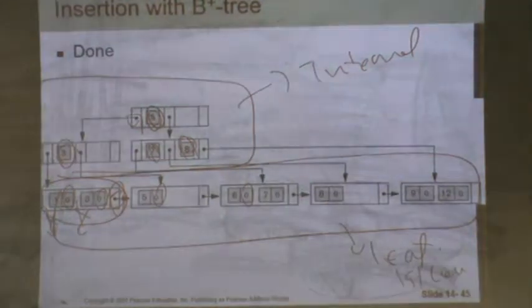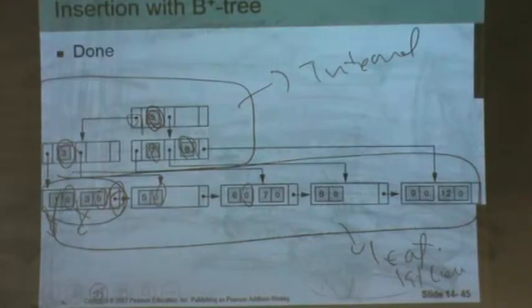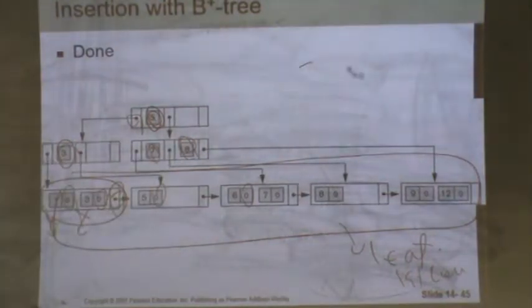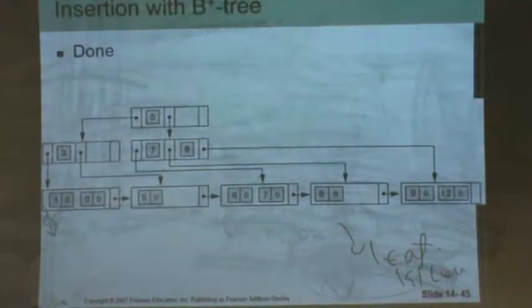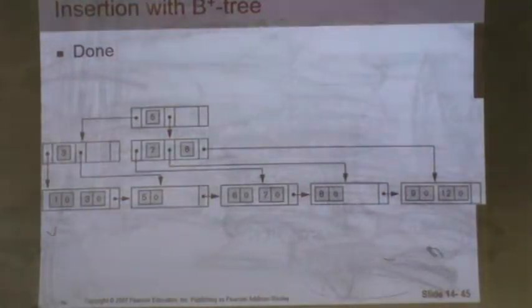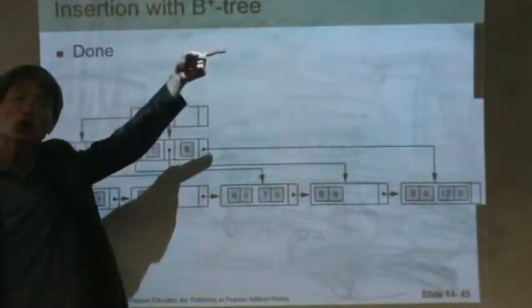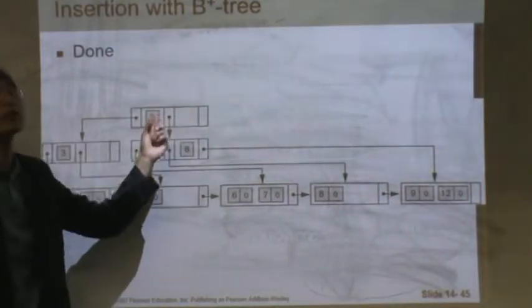So when you access the data 5, how many IOs do you need, including the data block? How many? 4? 1, 2? No, there is no data pointer.